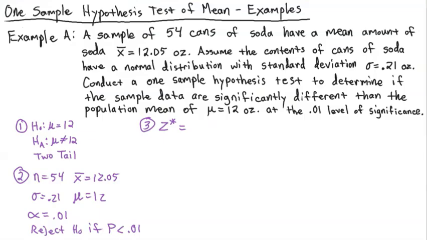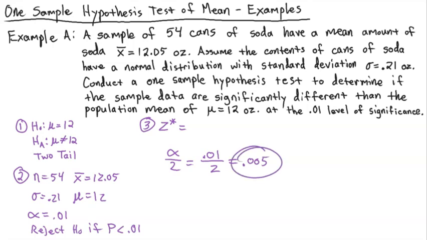And we're going to go all the way over to the right, and we're going to put in alpha divided by 2. So remember, when it's a two-tailed test, when we're going to identify our critical z value here, we have to enter alpha divided by 2, which in this case is 0.01 divided by 2. And 0.01 divided by 2 is 0.005.